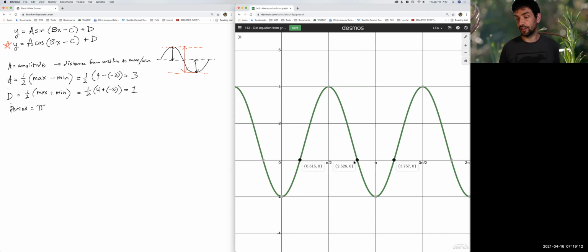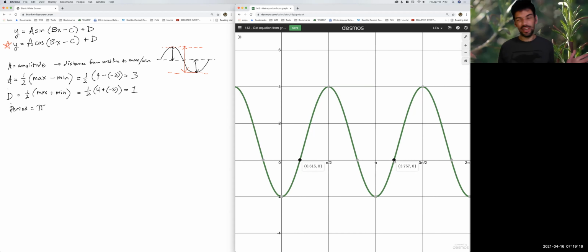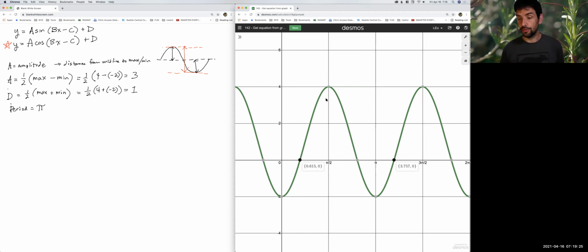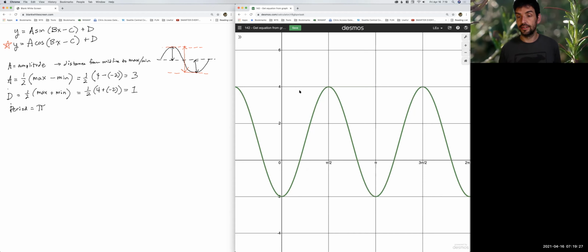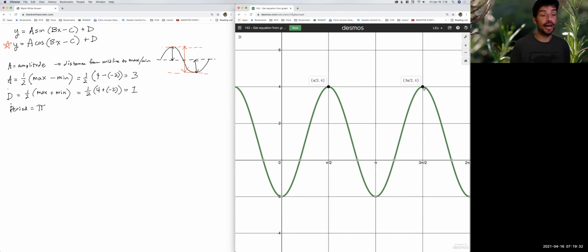It's not until we get over here that we're back to 0 and moving up, right? So we have to make sure we get a full period. So I usually just pick 2 maximums or 2 minimums in a row to get my period from the picture, right? And so we see that the distance between these 2 maximums is pi, so our period is pi.